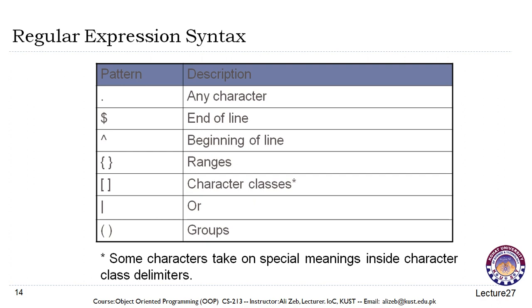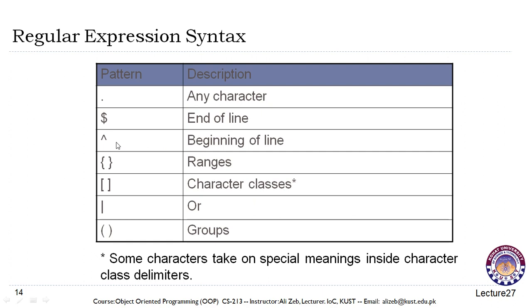The syntax of the regular expression, as we saw, is that a dot can be any character, and we will see this in examples as well. A dollar symbol, if you encounter a dollar symbol, is usually used at the end of the line. A caret symbol that is used outside of these square brackets will be the beginning of the line.